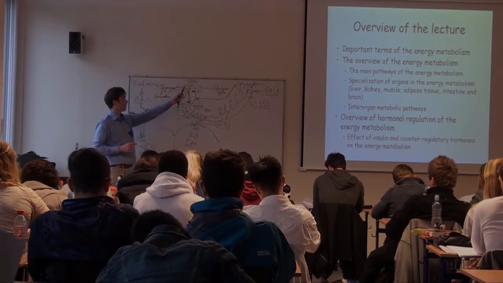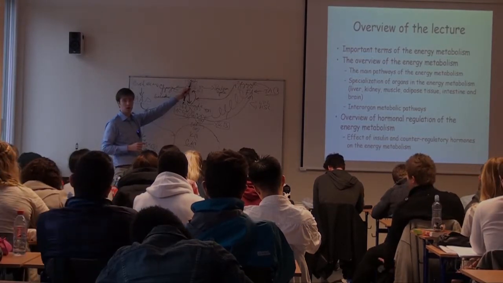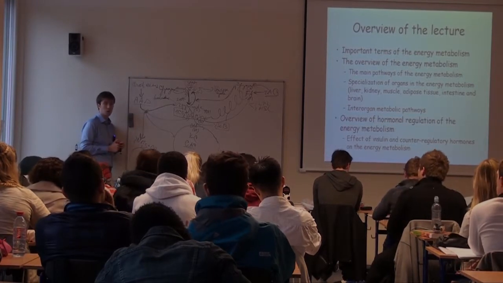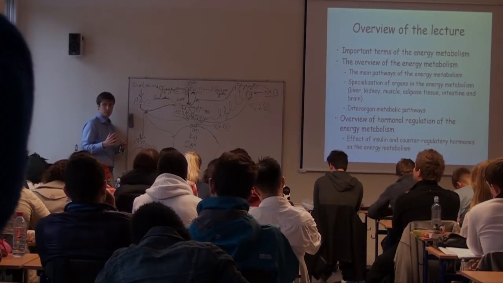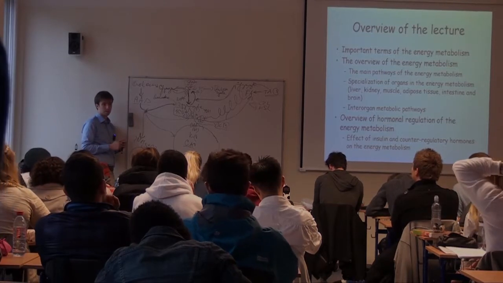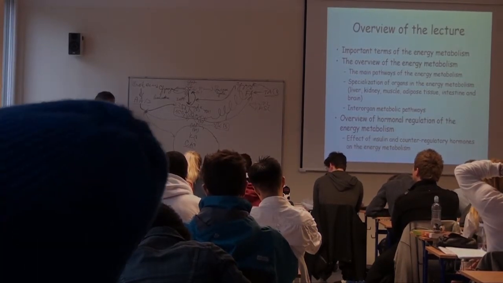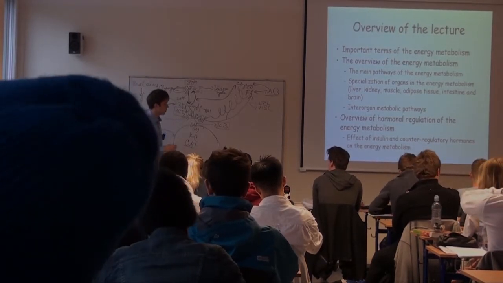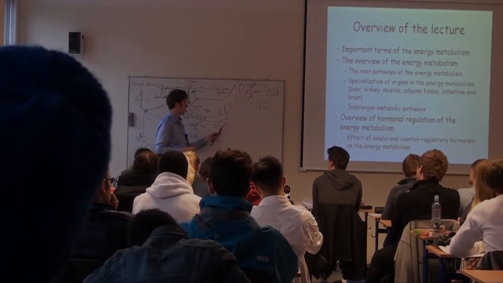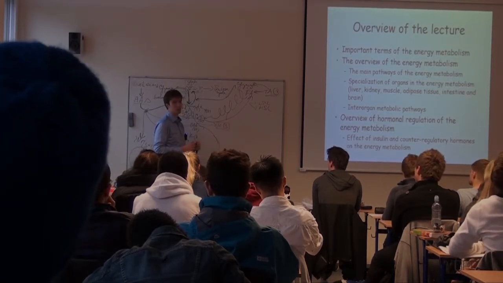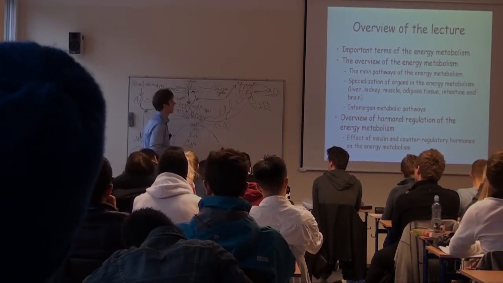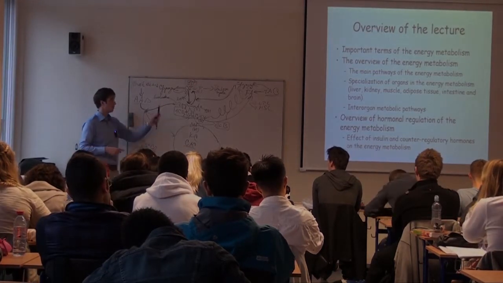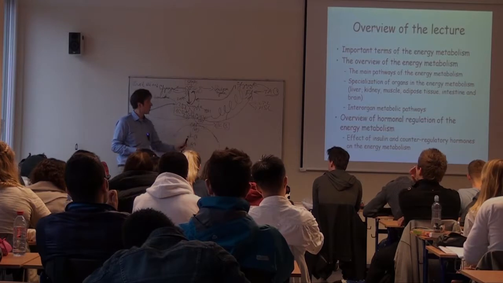Under normal condition, it's only glucose. About 120 grams of glucose we need every day, only for the brain. But in adapted starvation, about 50% of energy expenditure can be covered by ketone bodies. Yes? So that's important for the metabolism of the brain, the glucose and the ketone bodies.